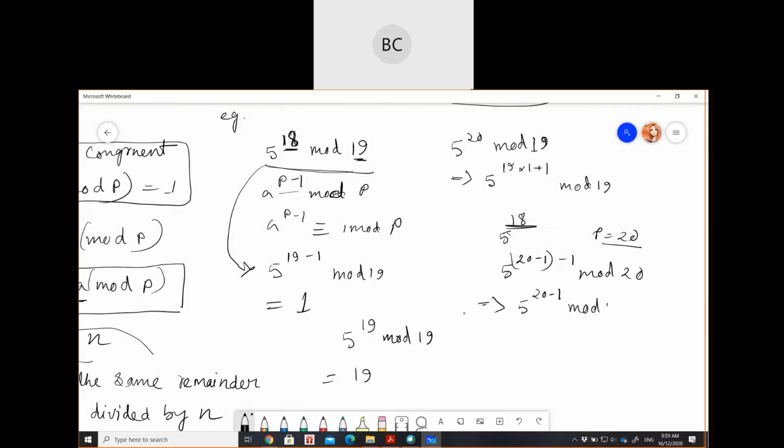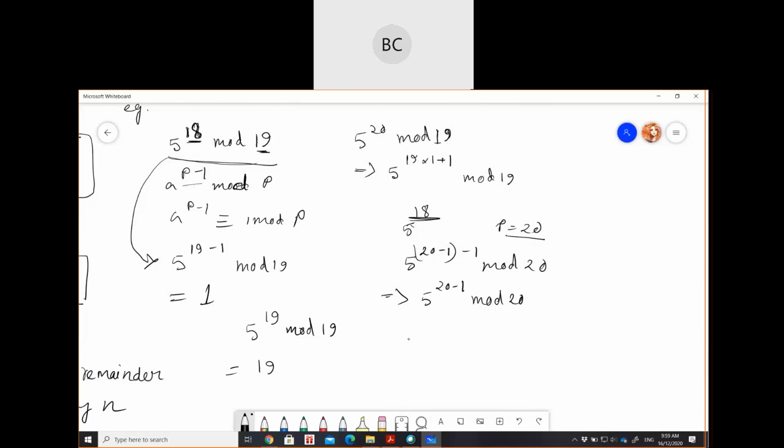So this modular function also fulfills all those associativity rules and other rules. So now p becomes 20 minus 2. In this case you will get again 1, and then you have to put it again in this portion.